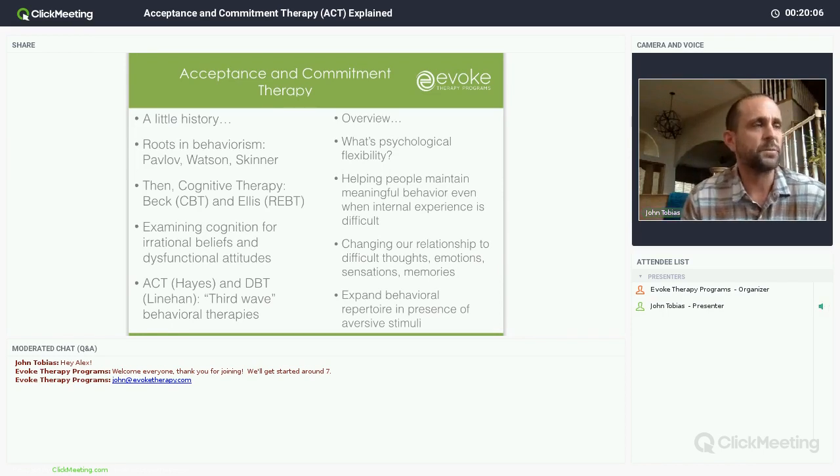So from the ACT perspective, we focus on changing our relationship to difficult thoughts, feelings, sensations, memories. The word I want to highlight here in this bullet point is relationship. So from the ACT perspective, we don't spend a lot of time on explicitly trying to change a thought or a feeling.